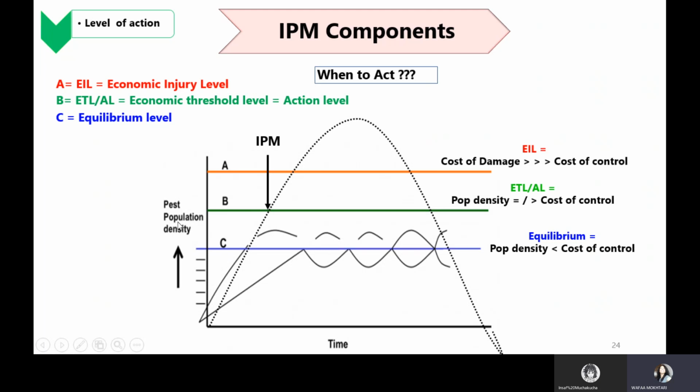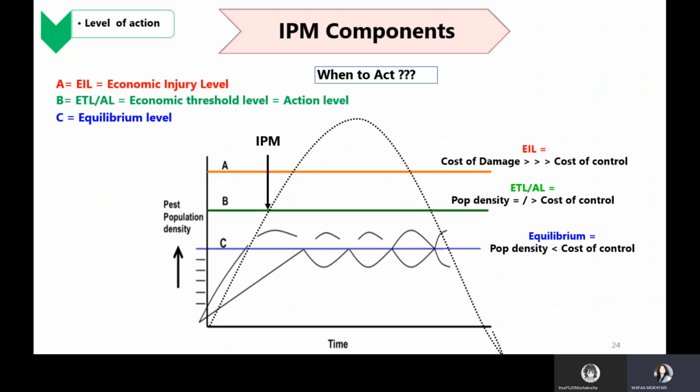In every pest there are 3 levels. The first level, C, is the equilibrium level. At that time, there is no problem because the population density of the pest is not that important. Or maybe we have natural enemies that are still eating the pest, so the population is not that important.